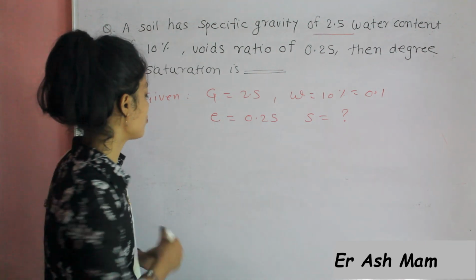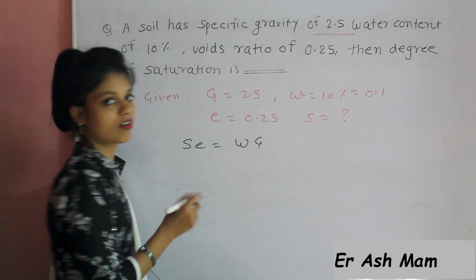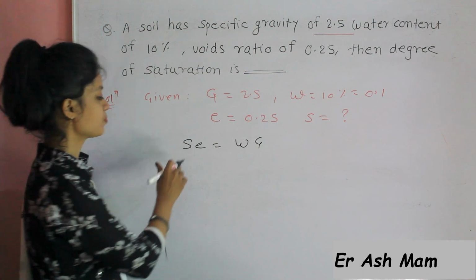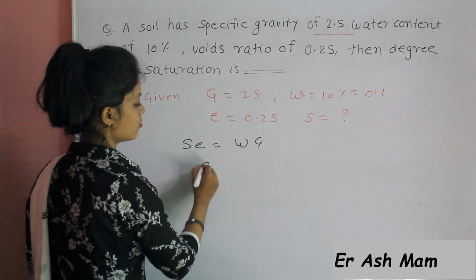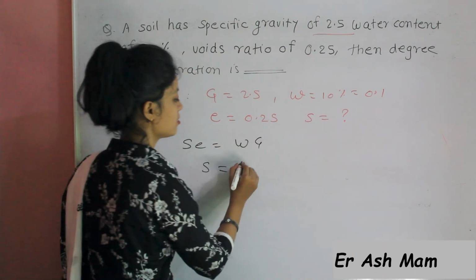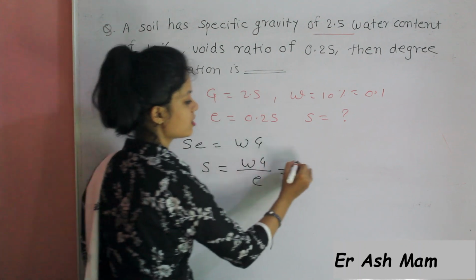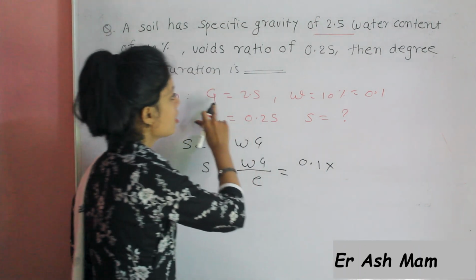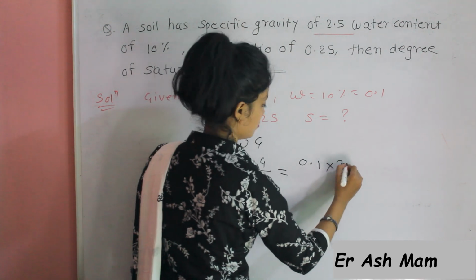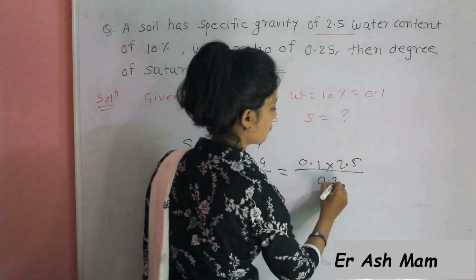We know one direct formula, S equal to Wg. S is unknown. Keep S as left hand side, remaining at right hand side. S equal to WG upon E. W is water content 0.1, G is 2.5, and E void ratio is 0.25.